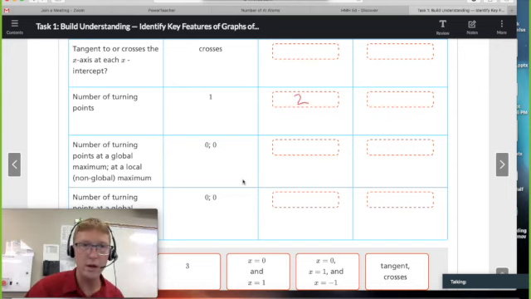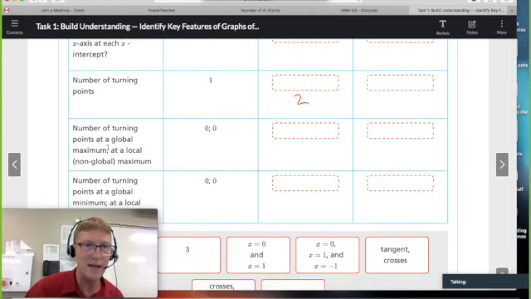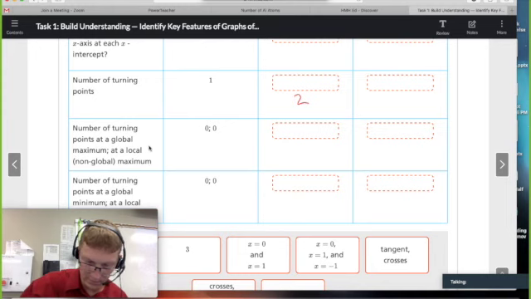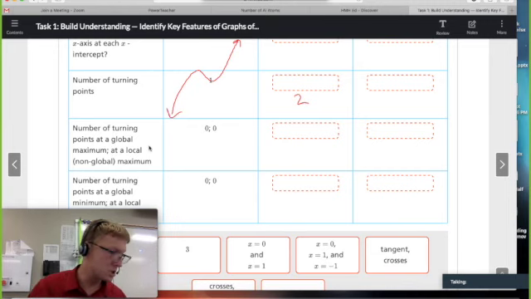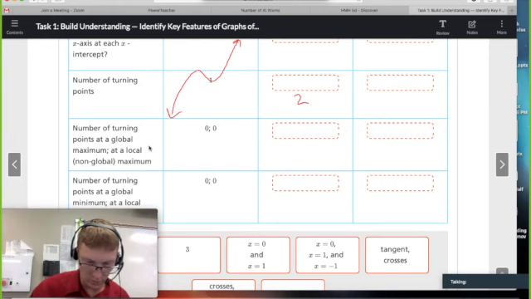And then on here, it says number of turning points at a global maximum and then at a local maximum. Because my graph kind of looks like that, there's no turning points at either a global or local maximum or minimum, but we've got a local maximum right there.